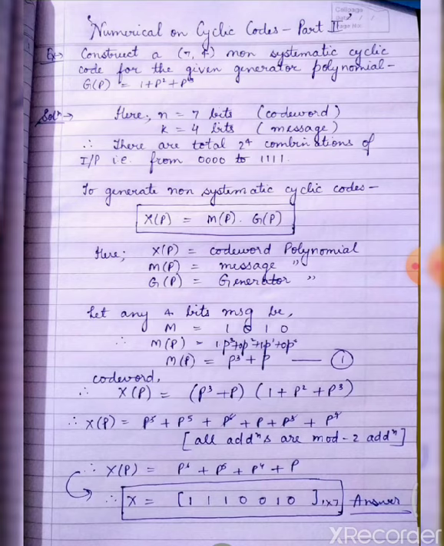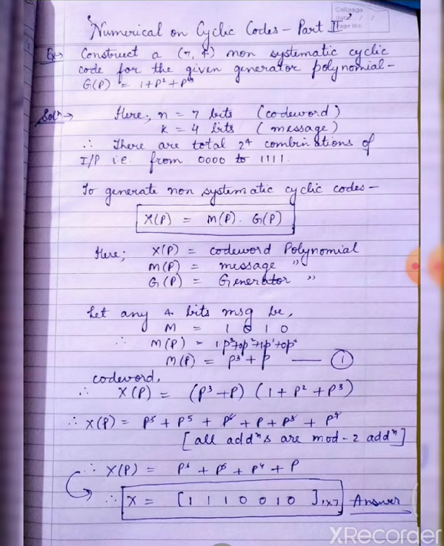Now remember that all the additions we are doing for linear block codes are modulo 2 additions, and for modulo 2 addition, whenever two inputs are the same, the output is 0. So here you can see that p cube occurs 2 times, which means p cube XOR p cube will be 0. The remaining polynomial is x(p) equals p to the power 6 plus p to the power 5 plus p to the power 4 plus p.